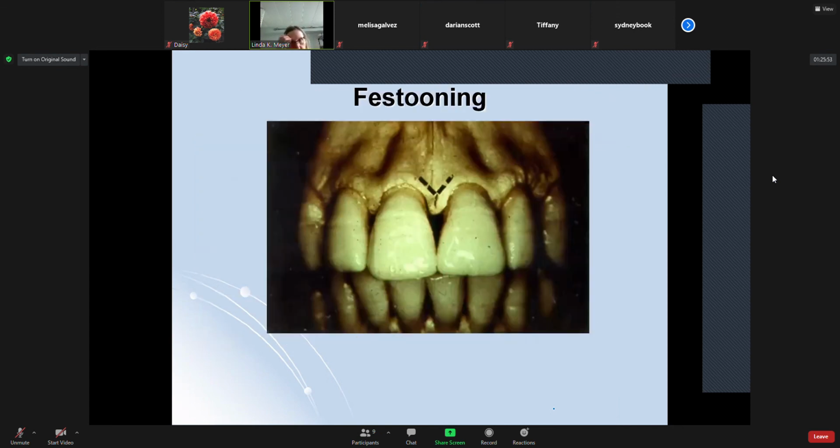The first thing I want to cover is what's known as festooning. And I know with a clean finger, or when you get into clinic this afternoon, when you're working on your partner, just stick your gloved finger in the vestibule and then just slide over the gingiva. You'll notice that there's a wavy pattern to the alveolar bone under the gingiva.